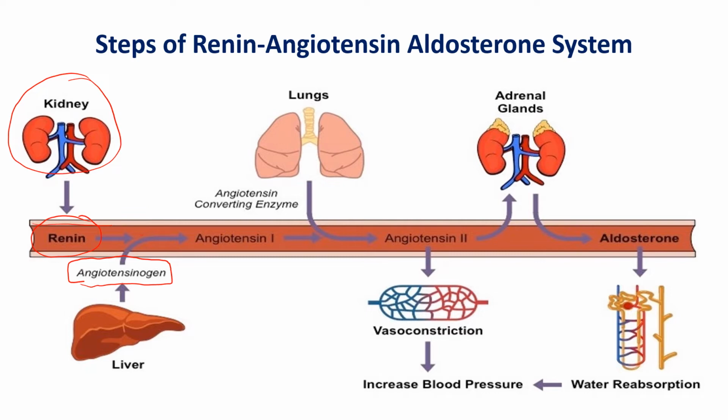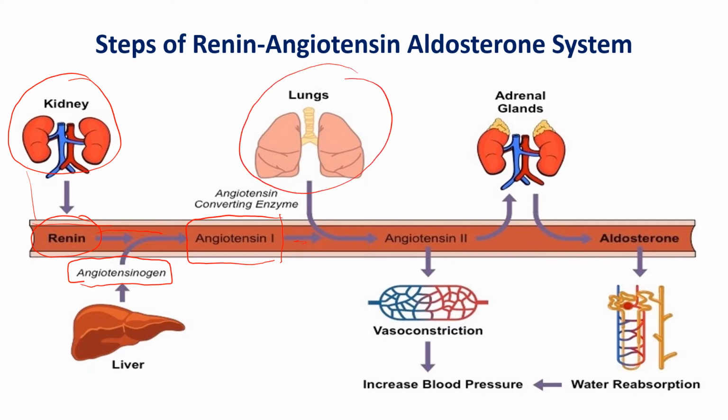Now, angiotensinogen, with the help of renin, will get converted into angiotensin 1. That's why you needed renin. Now, angiotensin 1, the next stop is lungs.